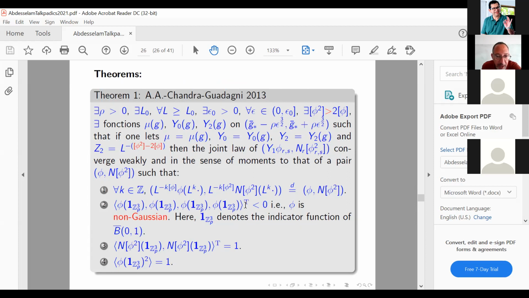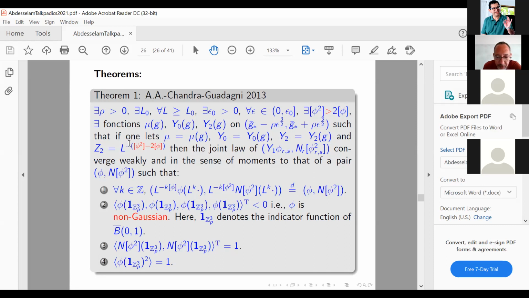The measure is non-Gaussian, so this is the truncated 4-point function evaluated at the test function, which is just the indicator of Z_p^3. More importantly, the square field is non-trivial, so this is a normalization condition here.